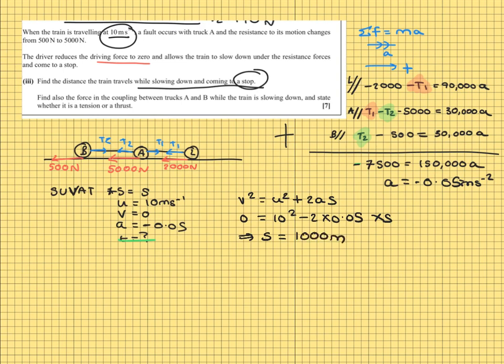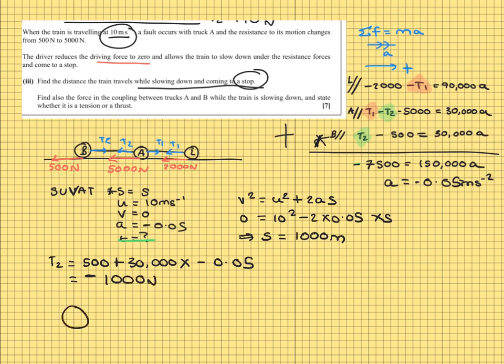The last part of the question asks us to find the force in the coupling between trucks A and B while the train is slowing down. So that's force T2, which we can calculate using this equation. T2 equals 500 plus 30,000 multiplied by the acceleration of negative 0.05, and this gives T2 as negative 1,000 newtons.